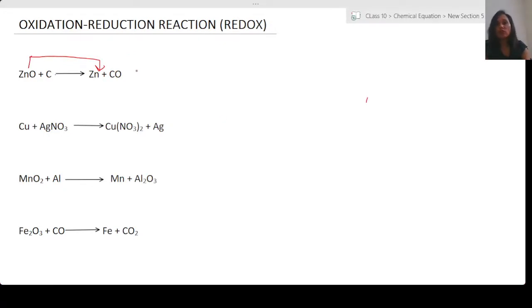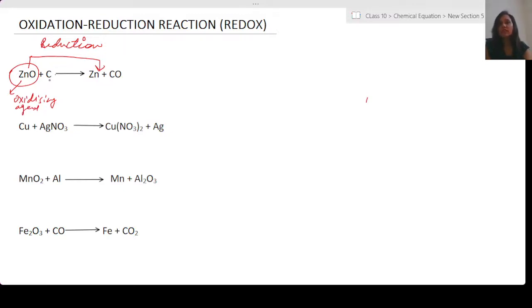So loss of oxygen is called reduction. So this is a reduction reaction, right? Now ZnO is undergoing a reduction reaction. So ZnO is the agent which is losing its O. So it will become the oxidizing agent, and Zn is the reduced one.